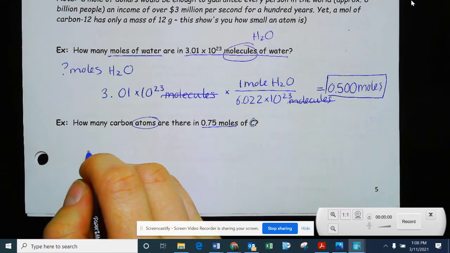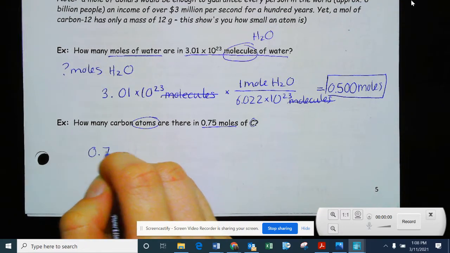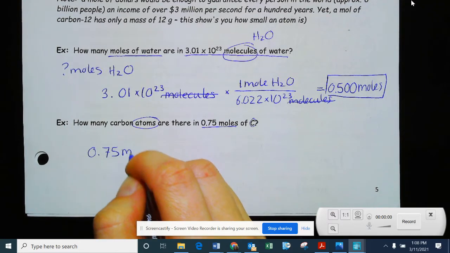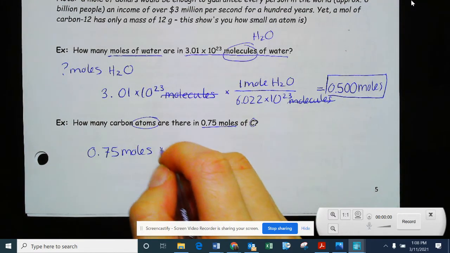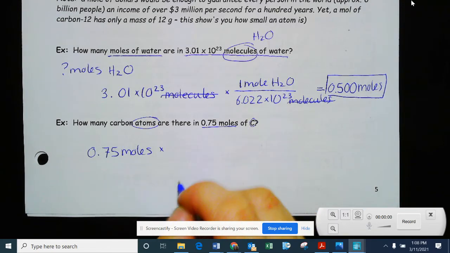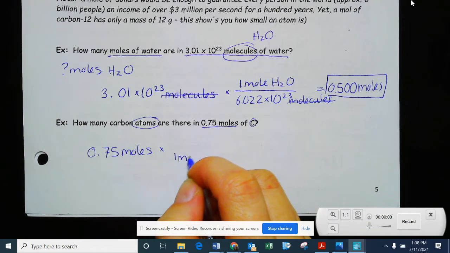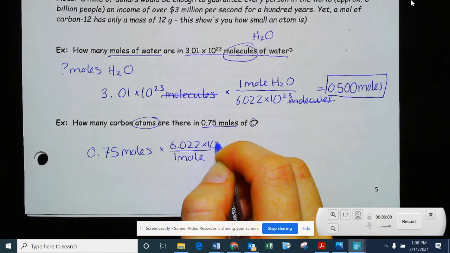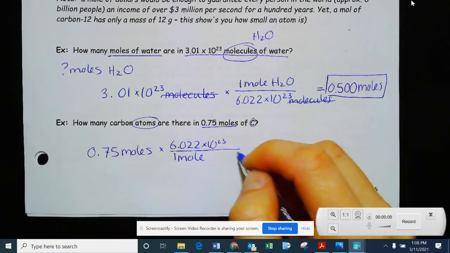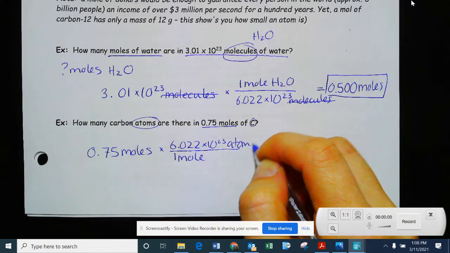I have 0.75 moles. We're doing the opposite of what we did in the last one, so I'm going to put my moles on the bottom this time. 1 mole is 6.022 times 10 to the 23 atoms.